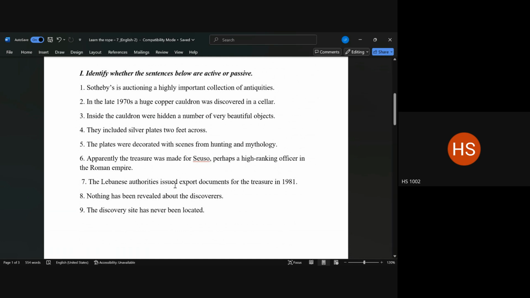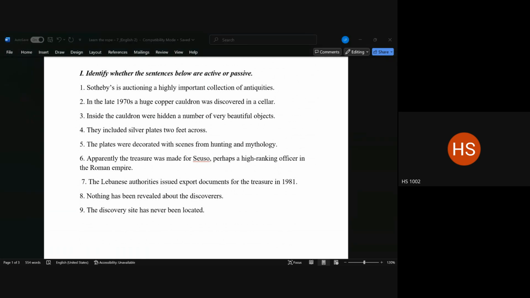So let's say I am going to look at it this way. I have discoverers, right? Discoverers is my subject, right? Then I have has revealed as my verb. And what's my object in that case?